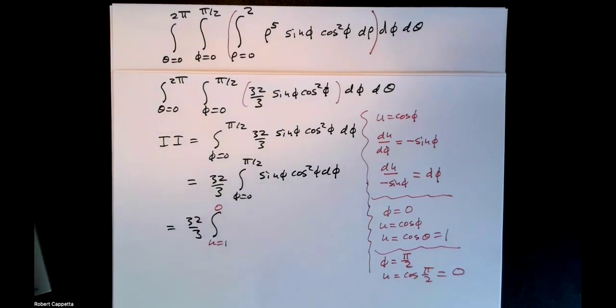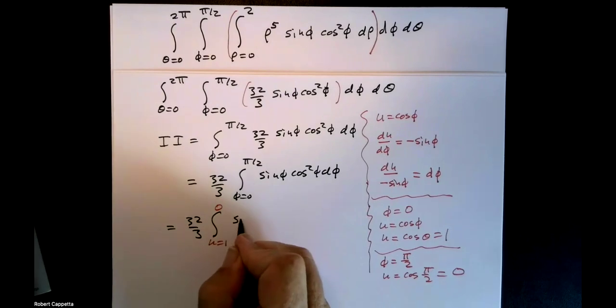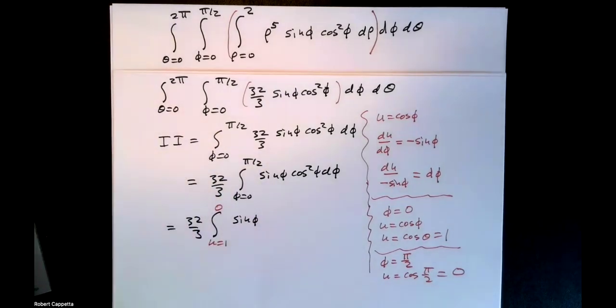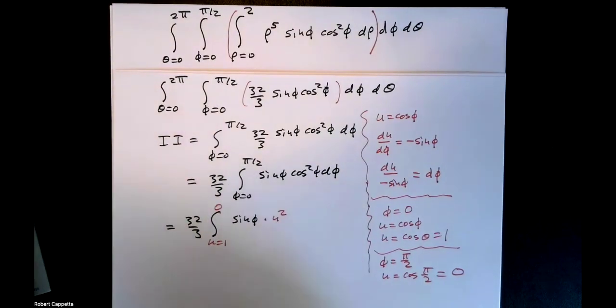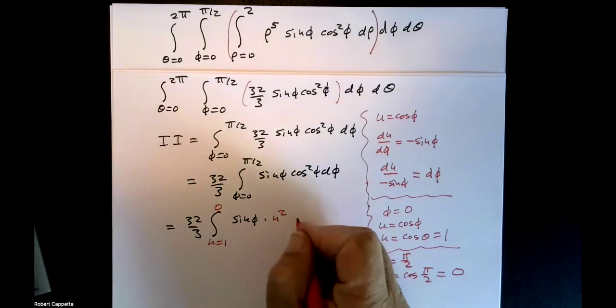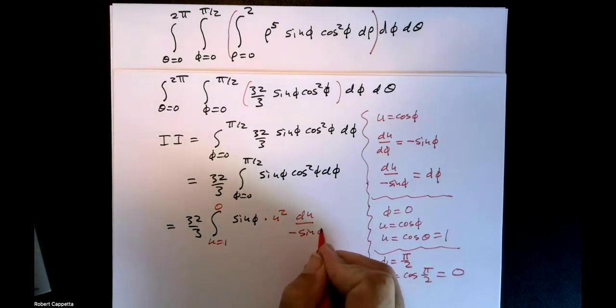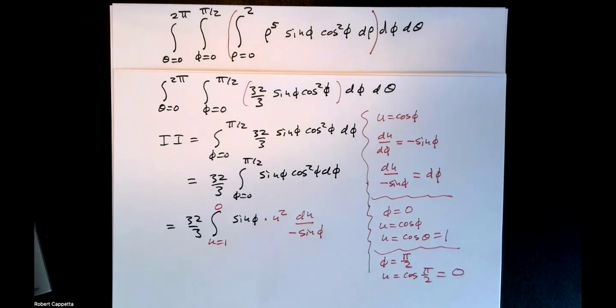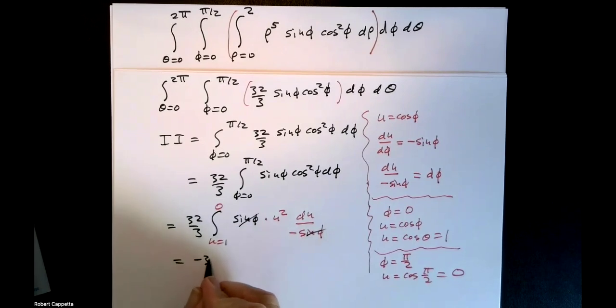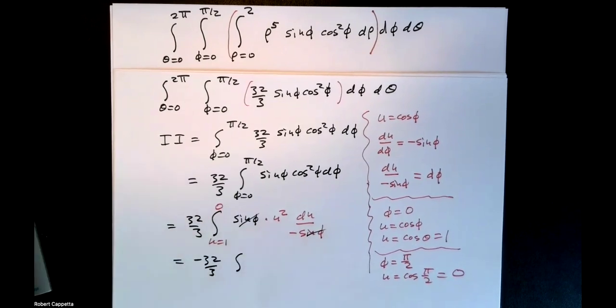I'm going to leave sine phi alone. But cos squared phi, u is cos phi, so cos squared phi is u squared. And then d phi is du divided by negative sine phi. We're pleased that the sine phis divide out, so the minus sign can come in front, and I get minus 32 over 3 integral as u goes from 1 to 0 of u squared du.